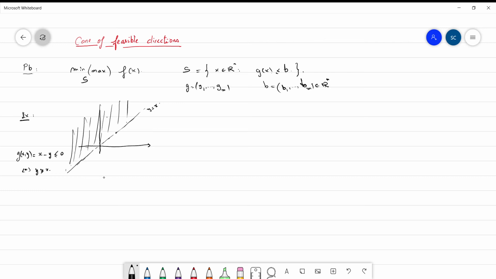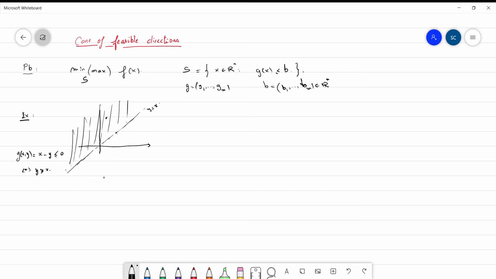So if I use any direction, I will leave my set. If I am inside, yes, I can use comparison in any direction. But if I am here, it will not work.